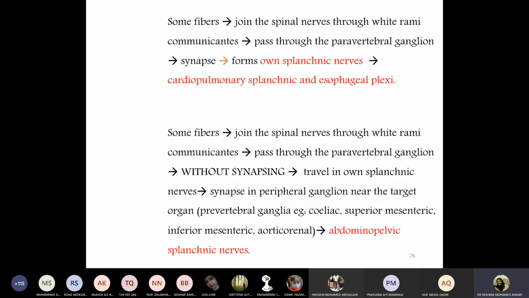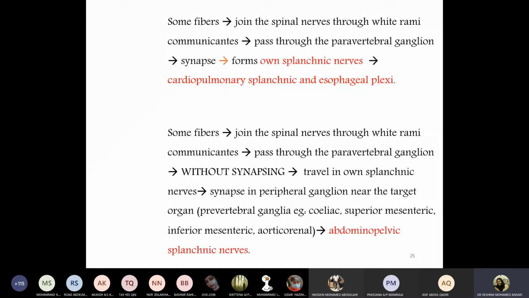They will pass through the ganglion. There is no synapsing, meaning there is no moderation of information and no transferring of information. From the ganglia, they will take their own splanchnic nerves and innervate the abdominopelvic organs like the stomach, the liver, the kidneys, the intestines. So they are called abdominopelvic splanchnic nerves.